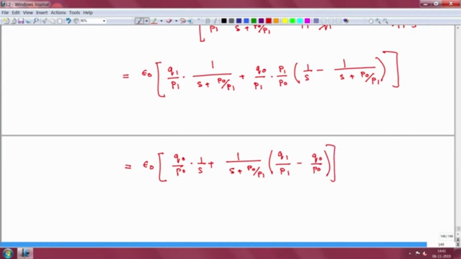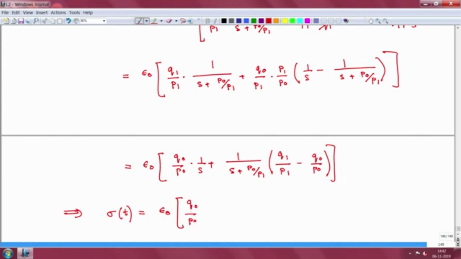Right. So, if you now take the Laplace inverse of both sides, on the left hand side you will get the stress, and on the right hand side you will recover these terms. So, Q naught. We know that the Laplace of 1 was 1 by S, right?